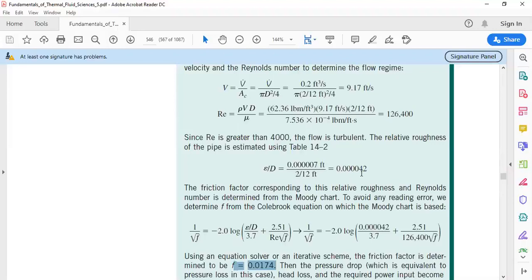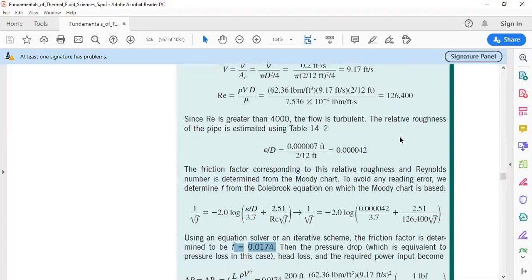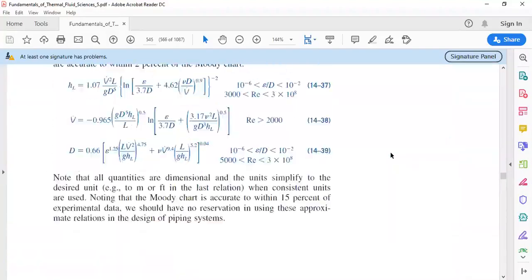So remember, this is 4.2 times 10 to the power minus 5, while this is 126,400. So 126,000 makes it like 1.3 times 10 to the power 5.